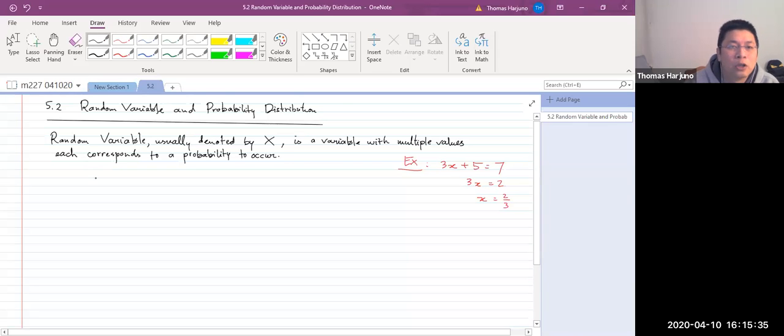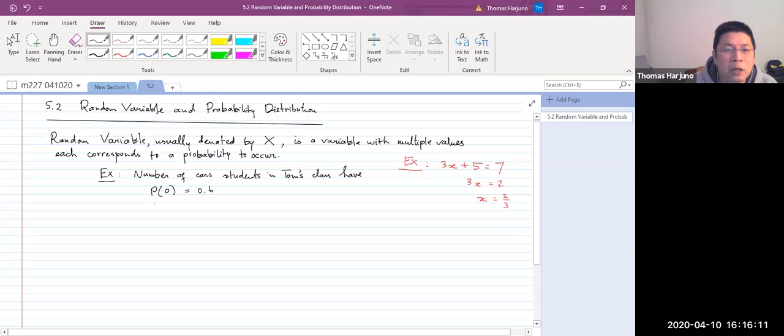Now here, a random variable may consist of more than one value. Suppose, for example, the number of cars students in Thomas' class have. Then the probability that a student has no car at all, let's say, is 0.6. The probability that a student has exactly one car is 0.35.